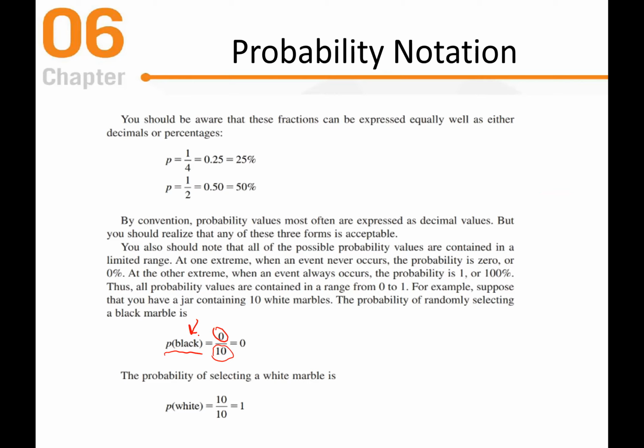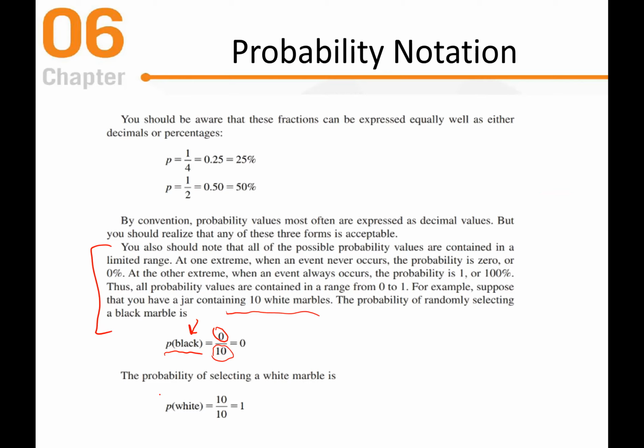So that would be 0 out of 10, which makes the probability 0. So this was the example. Black was a black marble, right? So there are 10 white marbles. And what is the probability of getting a black marble when all of the possible outcomes are 10 white marbles? Well, it's 0 out of 10, which equals 0.